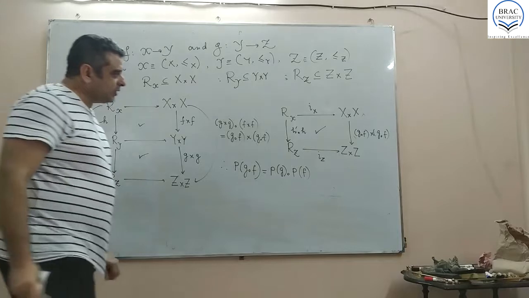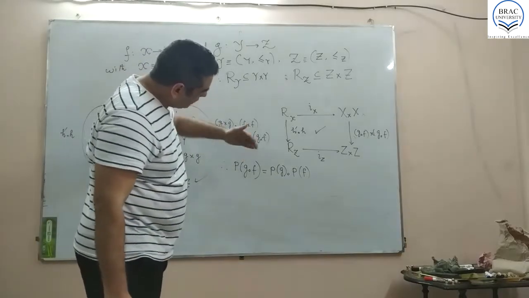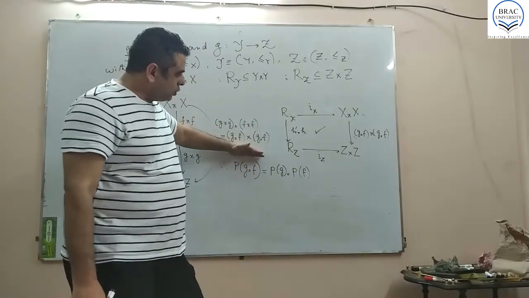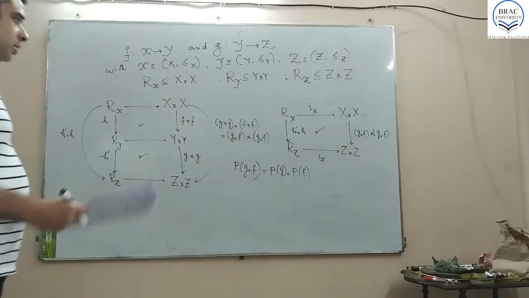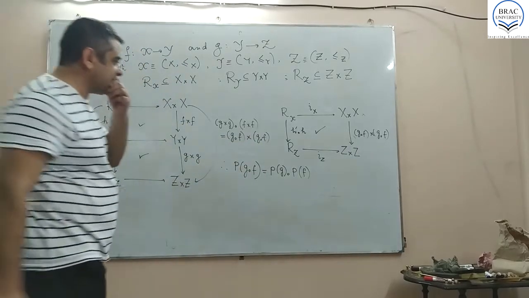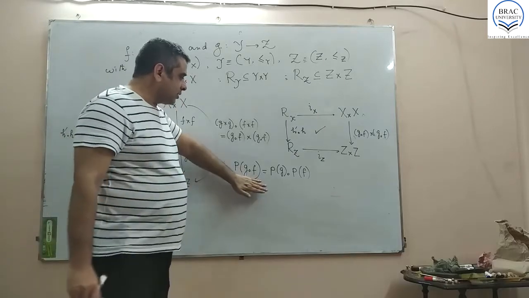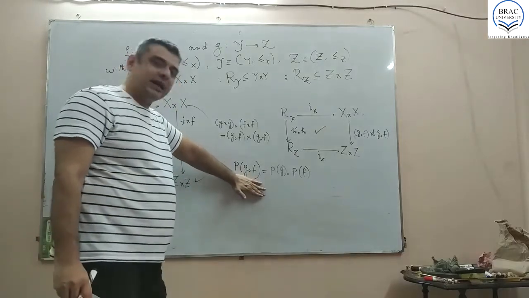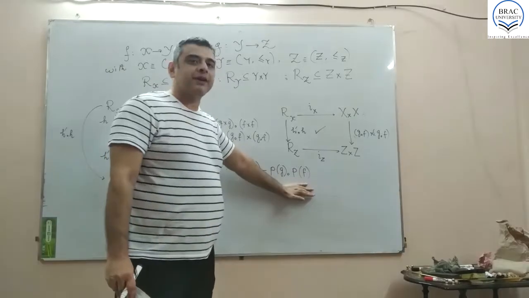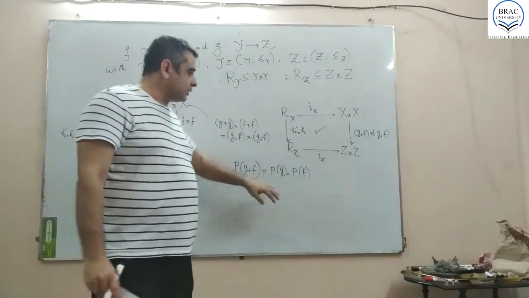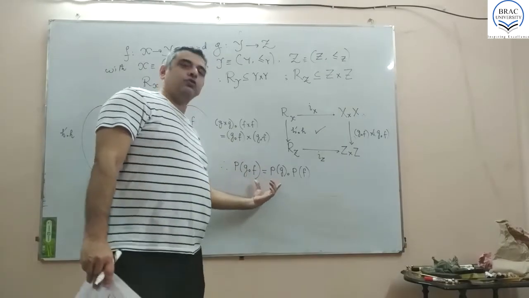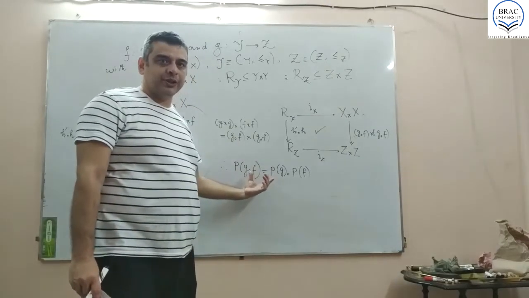In fact, we can see it from here: on the left you have a graph homomorphism, and on the right you have another graph homomorphism. We need to show that these two graph homomorphisms agree with each other.